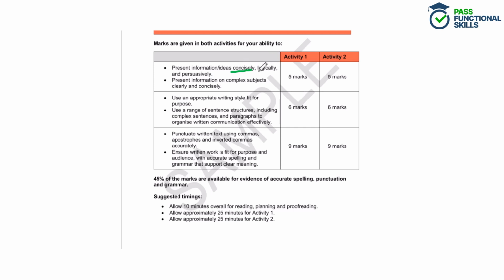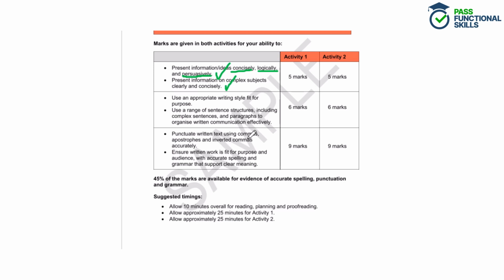It's presented logically, in a logical order with paragraphs that flow on from each other, and persuasively, using persuasive techniques such as supporting our opinions with facts. We've presented some information on a complex subject really clearly and concisely throughout the answer, so that all of the answer makes sense and is easy for the reader to understand.